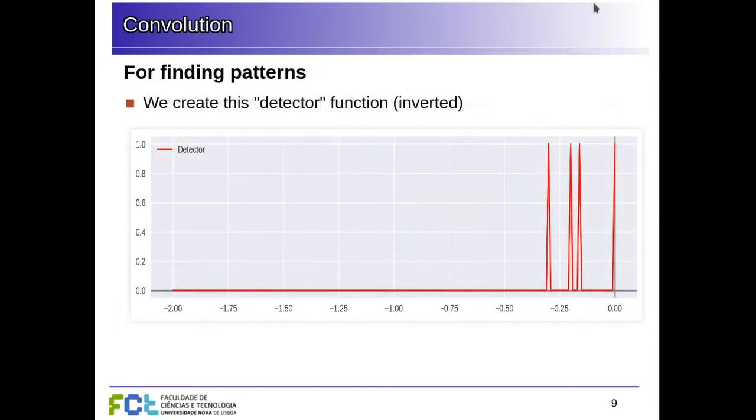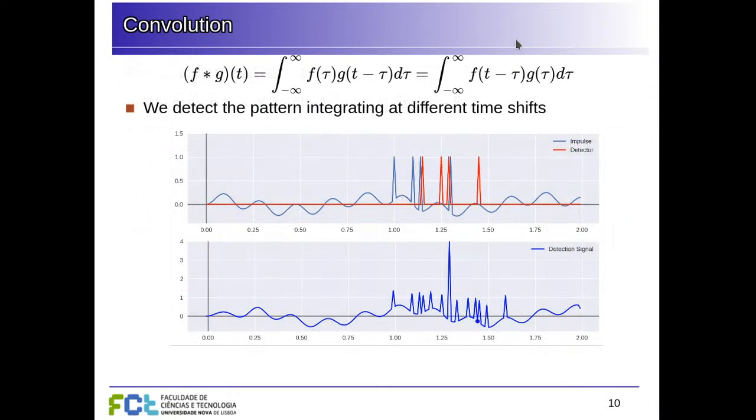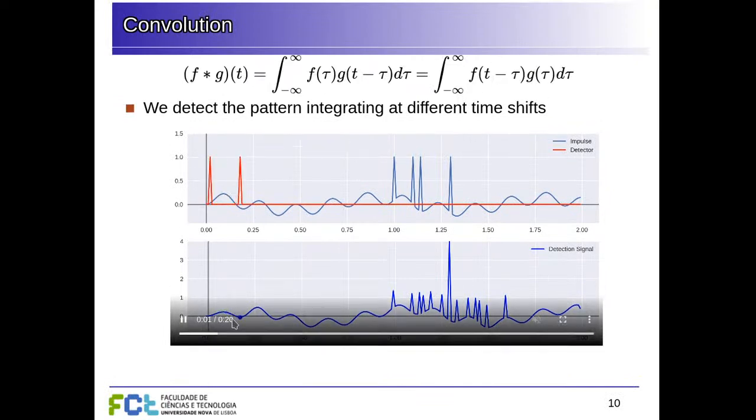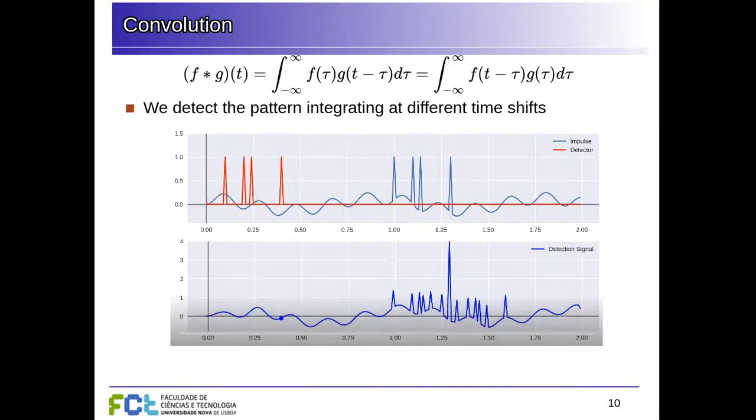We can create a detector function that is the same as the pattern, but inverted on the x-axis. We compute the symmetric of this function, and now we can compute the convolution of the two with different time displacements.